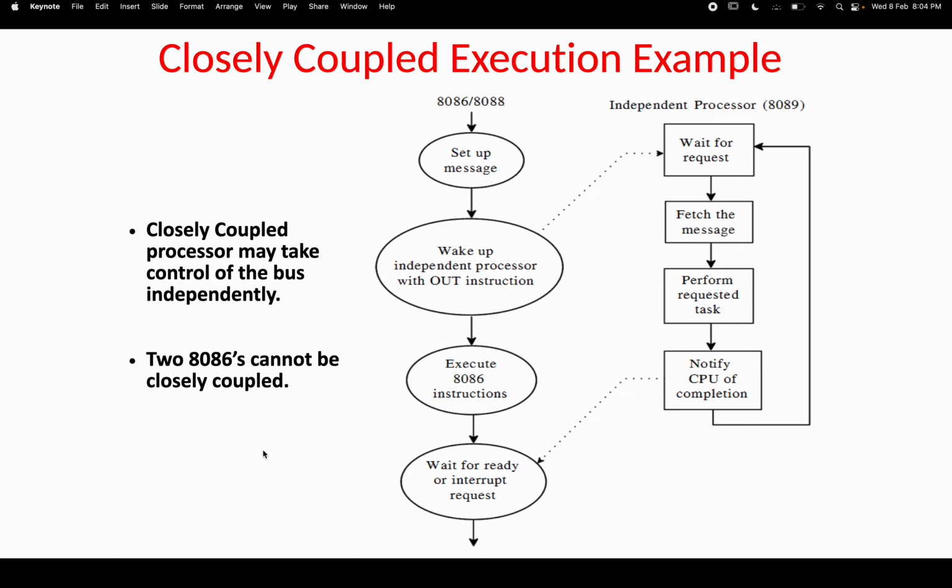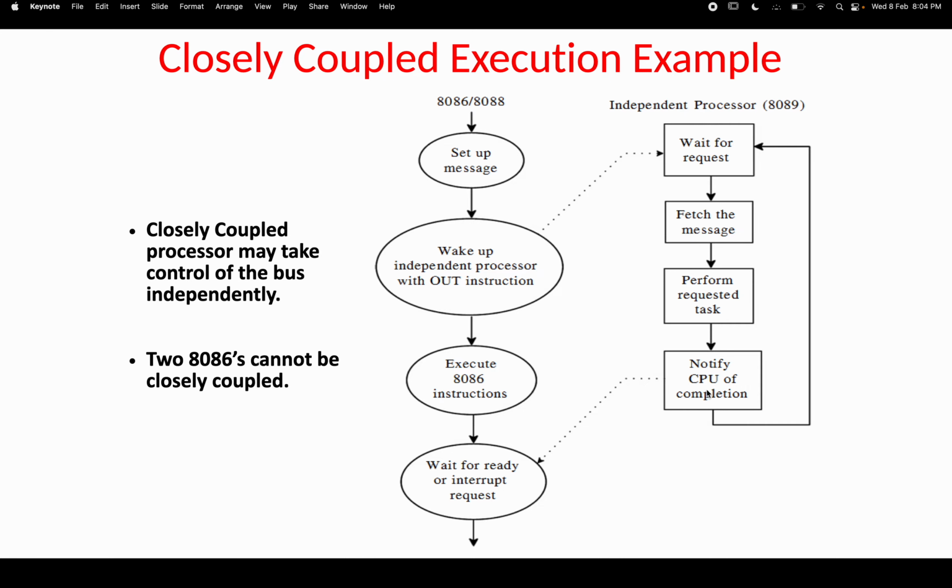And this is the execution taking place in closely coupled configuration. Whenever the 8086 processor wakes up the independent processor with an instruction, the independent processor will start to fetch the message and perform the required task. Once the task is over, it will notify the CPU about the completion status.